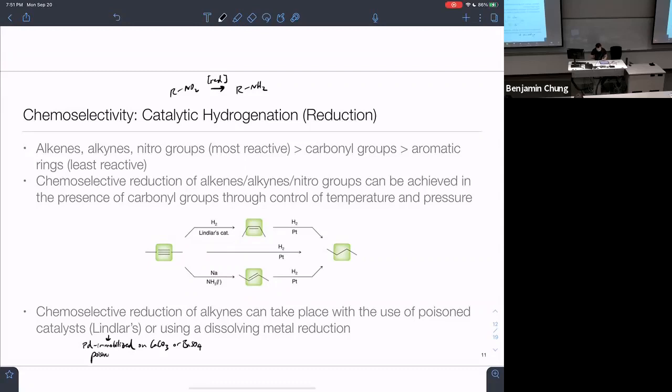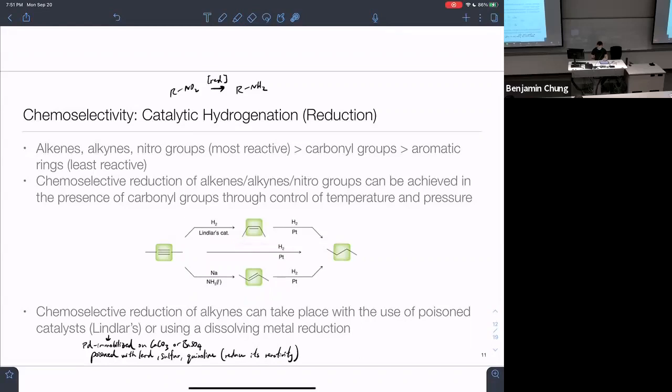And it is poisoned with lead, sulfur, or even organic molecules like quinoline, just to reduce its reactivity so that it stops at the alkene stage and doesn't go further.